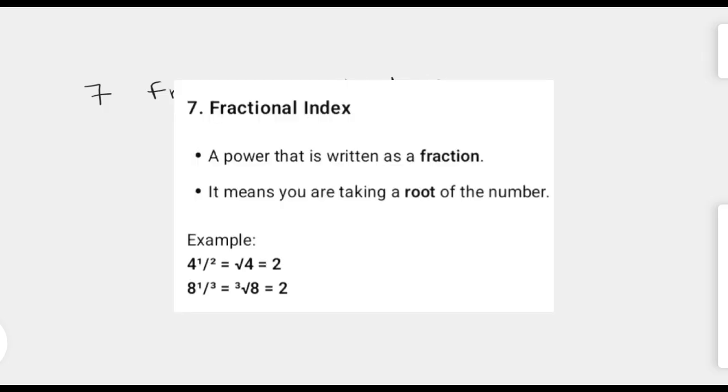Next, we have the fractional index. For the fractional index, it is a way of showing a part of a whole number.